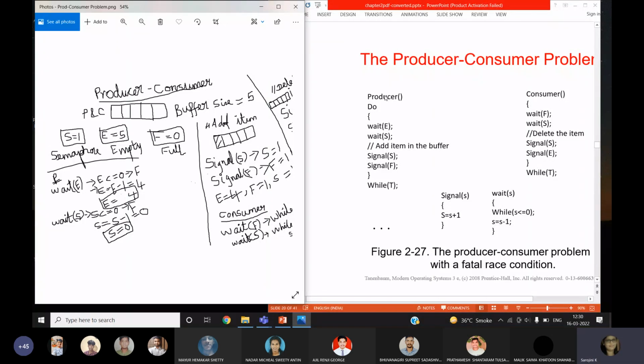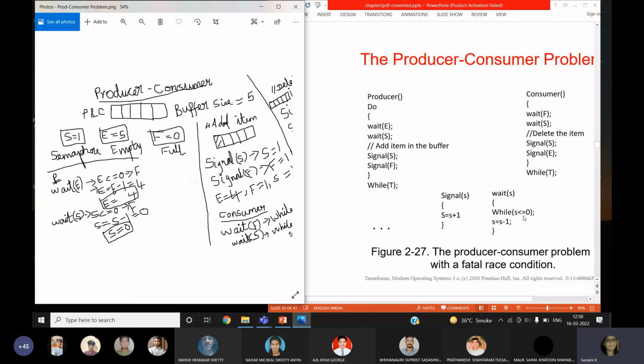Assume that another producer comes. It is executing wait of E. Currently E is equal to what? Here you don't see, these are initial values. Now E is equal to 4. Now, 4 less than or equal to 0?